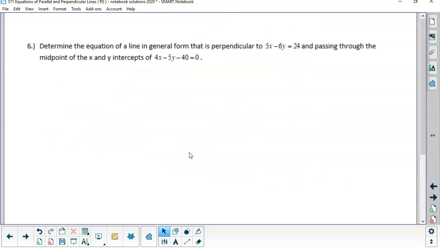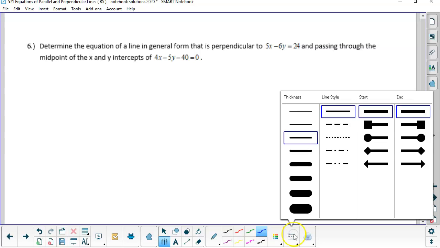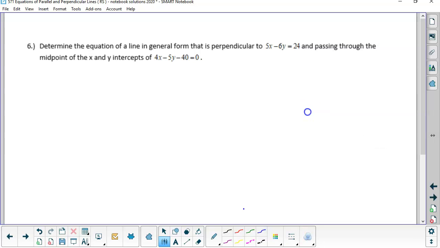Okay, and then number 6, determine the equation of a line in general form that is perpendicular to that line and passing through the midpoint of the x and y intercepts. So first of all, we need to figure out what the midpoint is. We have to know a point that it's passing through. So remember x and y intercept. The x-intercept is when y equals 0.